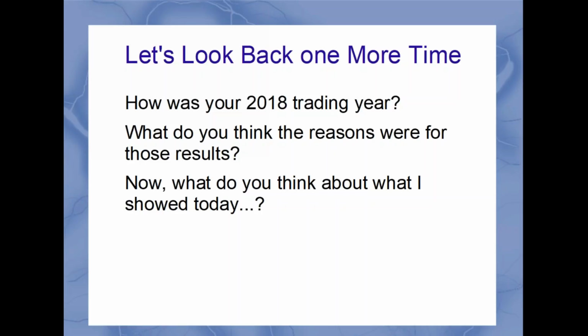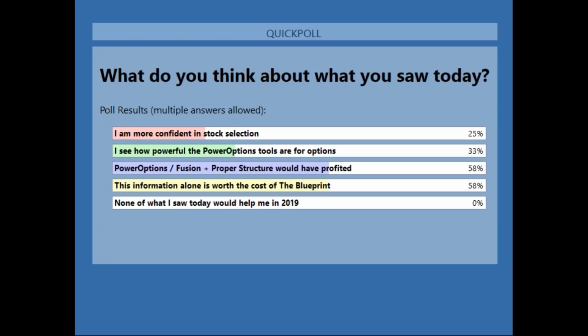All right, let me close that poll, share the results. As I was talking on there about some of the questions, 25% of you are now more confident in your stock selection. That's great. If nothing else, I gave you a little bit of ideas to go forward in your other trades. 33% of you see how powerful the Power Options tools are for finding the trades and researching and analyzing. 58% of you say Power Options and Fusion plus the proper structure is going to be a great way to go forward. 58% of you feel that this information alone is worth the cost of the blueprint.